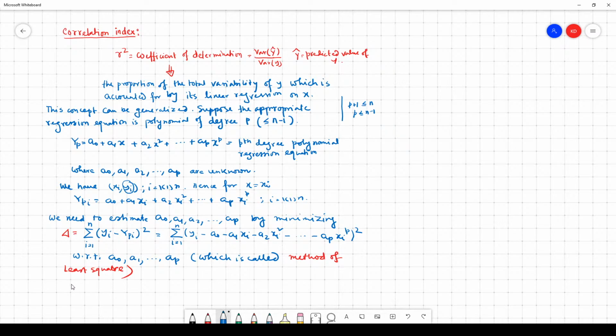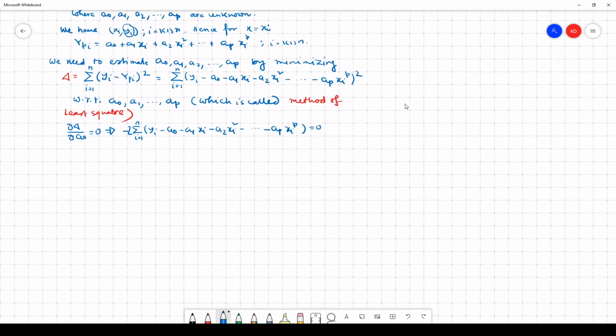Now partial derivative of delta with respect to a naught equal to 0 gives the first normal equation, that is sum over i from 1 to n of yi minus a naught minus a1 xi minus a2 xi square minus ap xi to the power p, into minus 2, equal to 0.